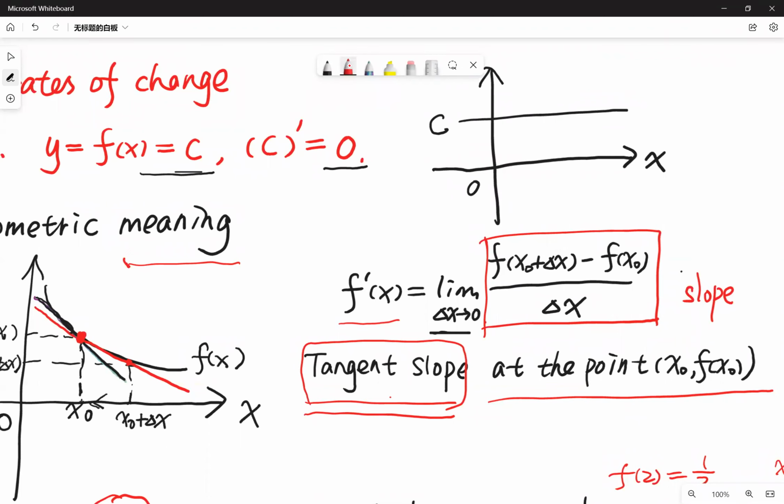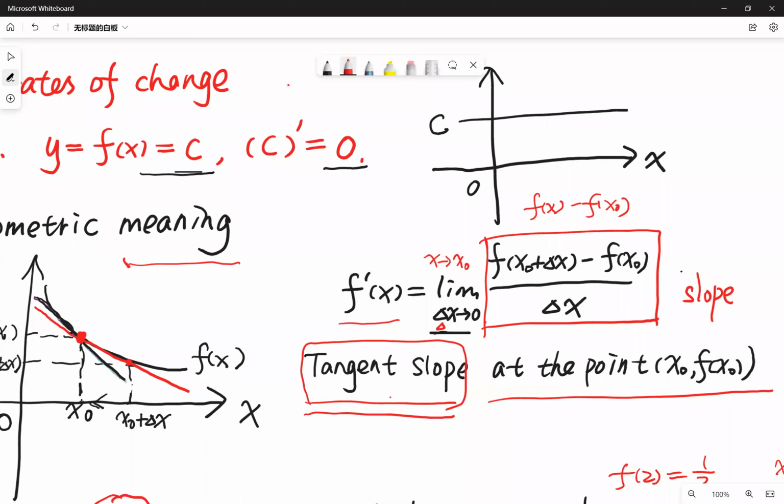x approaches 0. Yeah, you can see in our initial definition, here is f(x) minus f(x0), right? And here x moves to x0, right?